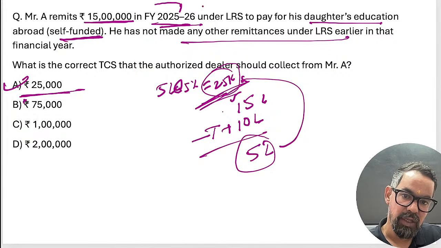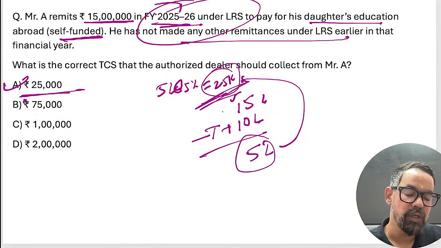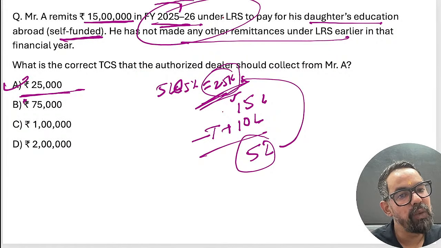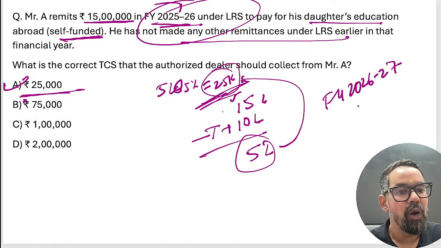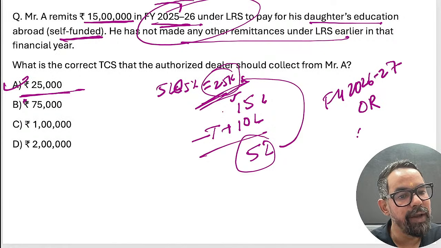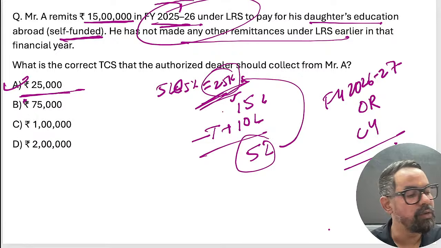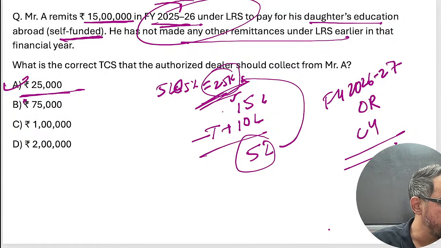Now if I change the definition of this question, instead of 25-26, if I mention financial year 2026-27 or current year, then what will be your answer for this? Now tell me, okay.